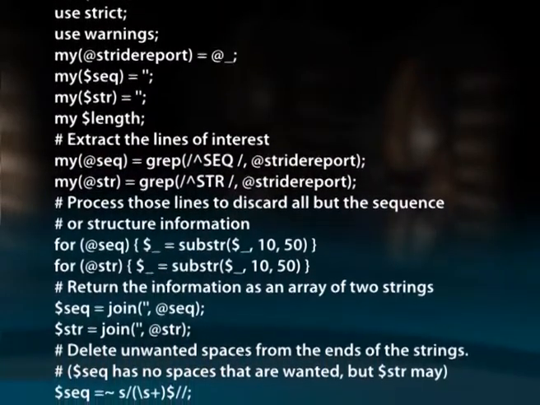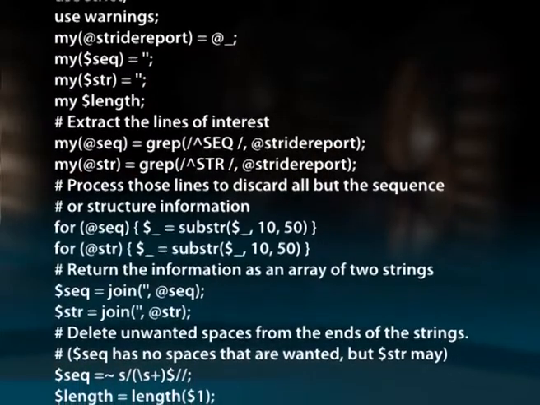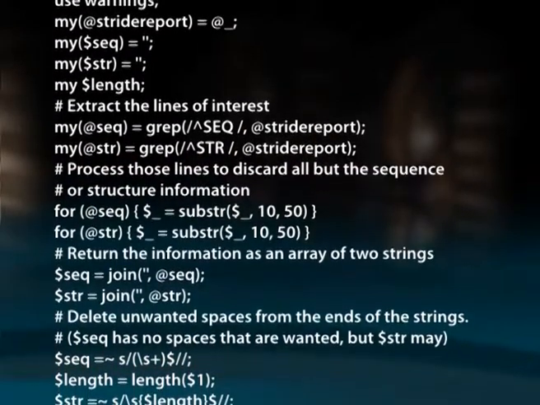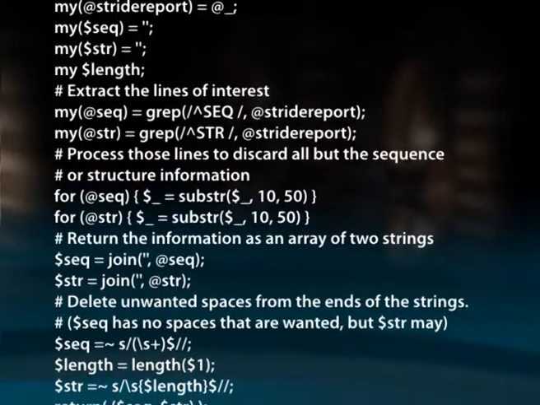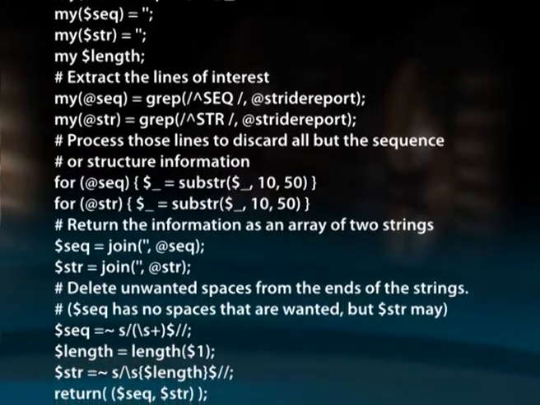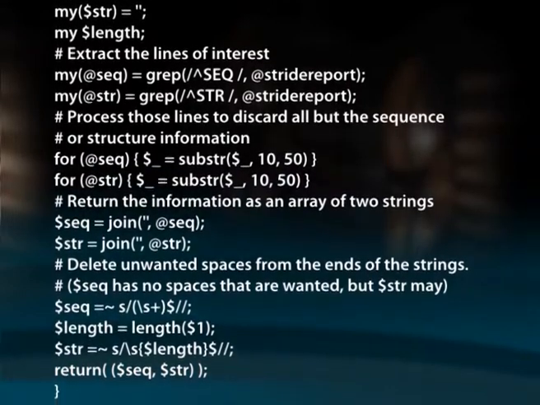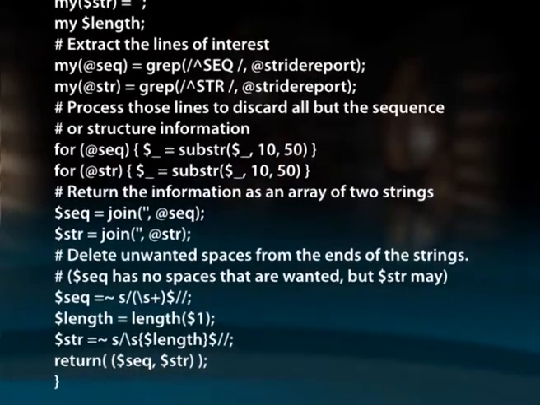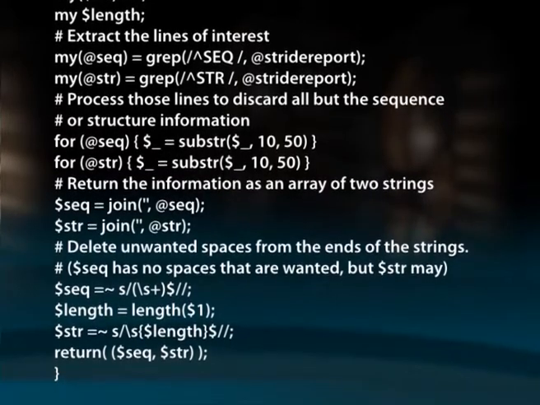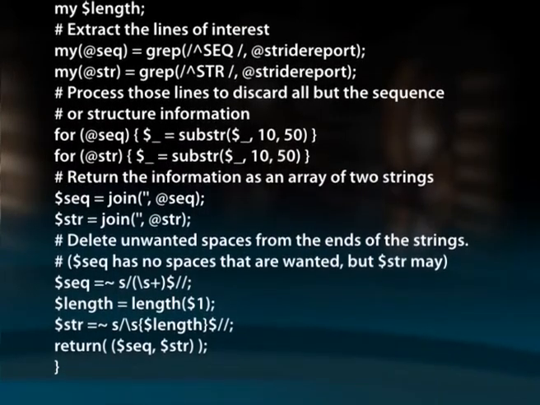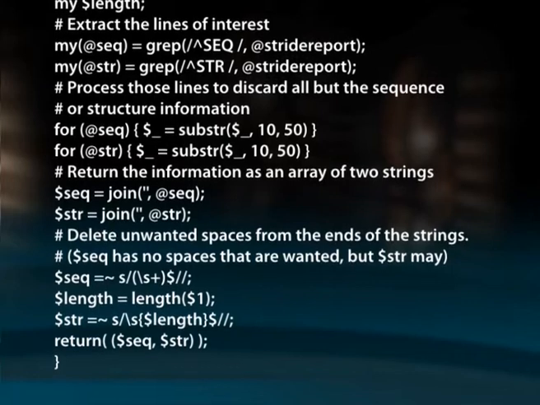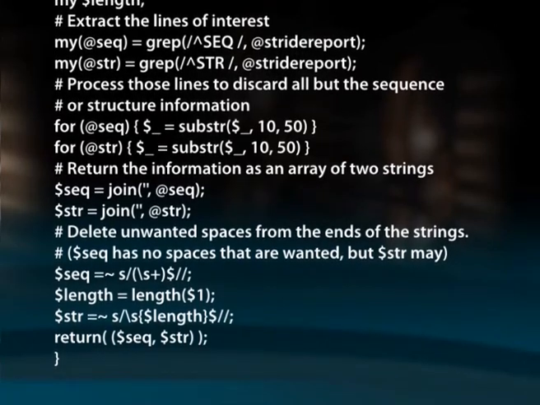Then process those lines to discard all but the sequence or structure information using a for loop. Then return the information as an array of 2 strings, sequence and string. Then we have to delete the unwanted spaces from the ends of the strings.